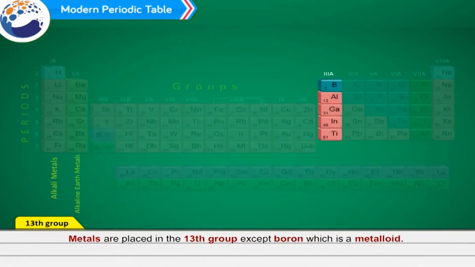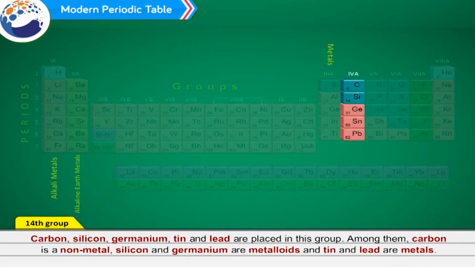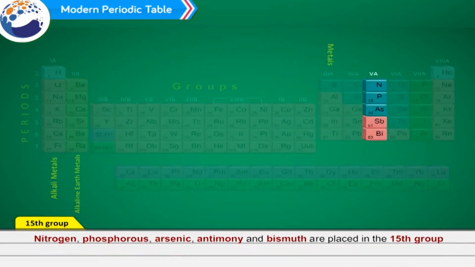13th group. Metals are placed in the 13th group except boron, which is a metalloid. 14th group. Carbon, silicon, germanium, tin and lead are placed in this group. Among them, carbon is a non-metal, silicon and germanium are metalloids, and tin and lead are metals. 15th group.